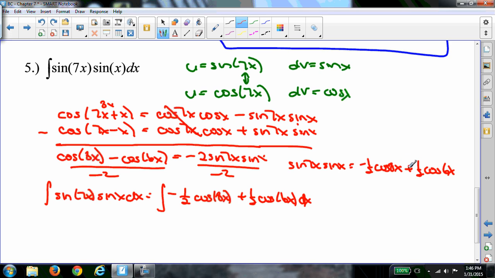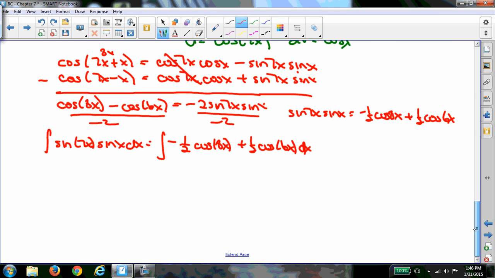Minus, right? No, plus. And now if I integrate that using u substitution, I get negative 1/16 sine of 8x plus 1/12 sine of 6x plus c.